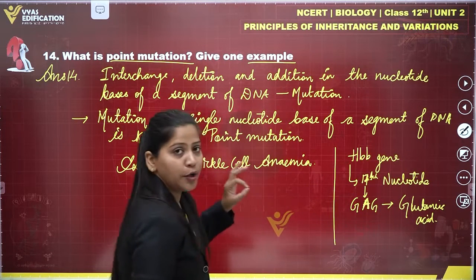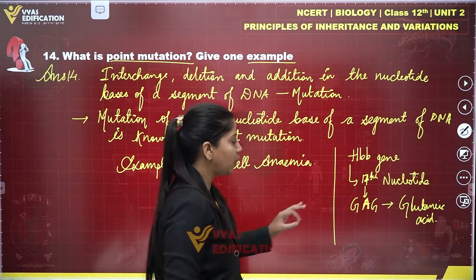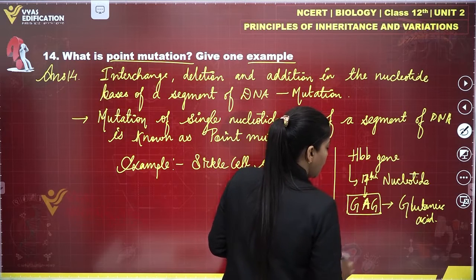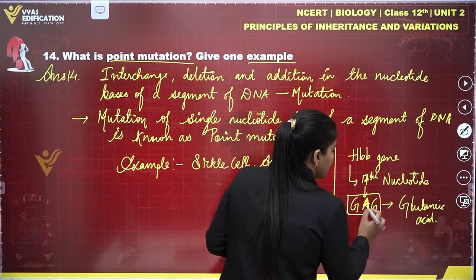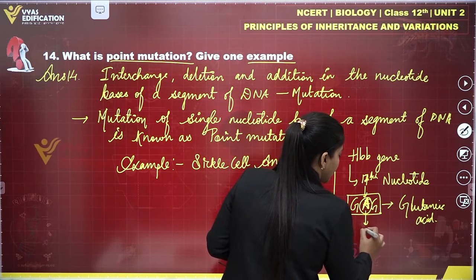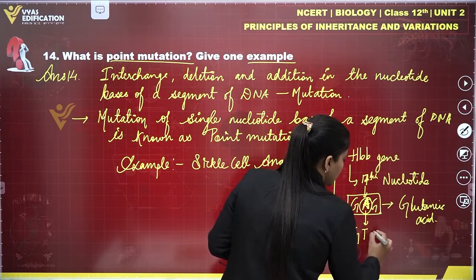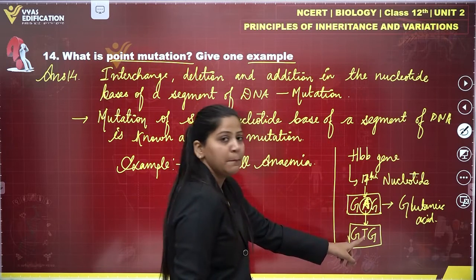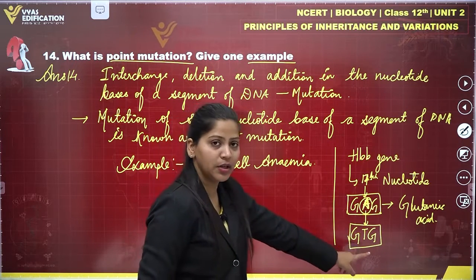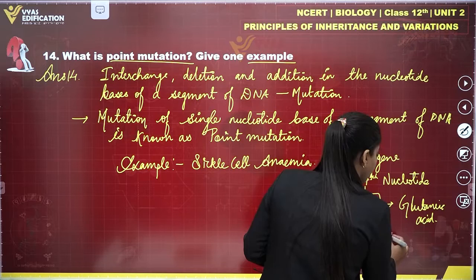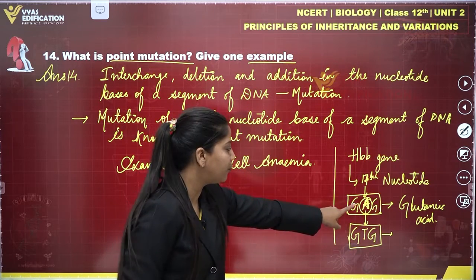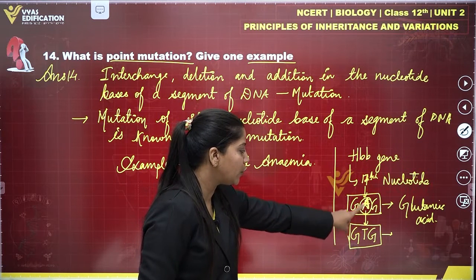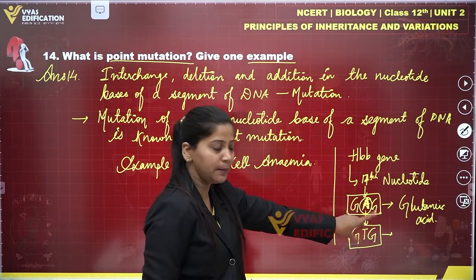When point mutation occurs in an individual, what happens? In this normal codon GAG, the A is replaced by T, making the codon GTG. Now point mutation has occurred. The interchange of one nucleotide base has happened in a segment of DNA.